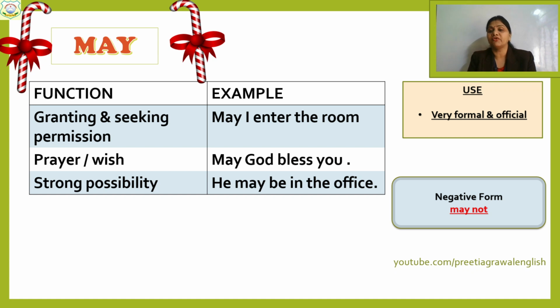We are very much formal. We have a formal dress, formal uniform, formal language. But at our home or in our friend's house, we are informal. We are in informal dress. Our language is also informal. So this is the difference between may and can. May is for formal use and can is for informal use. Now the negative form of may is may not.